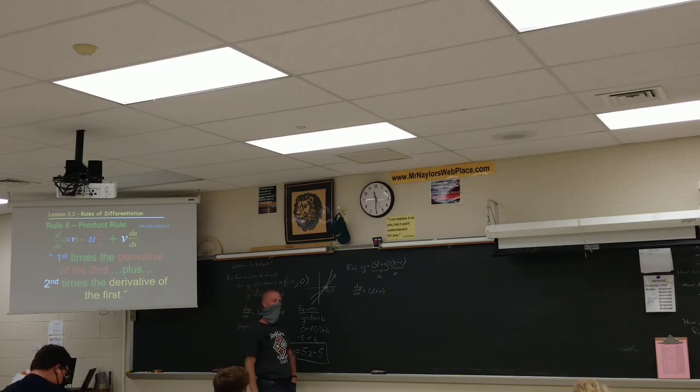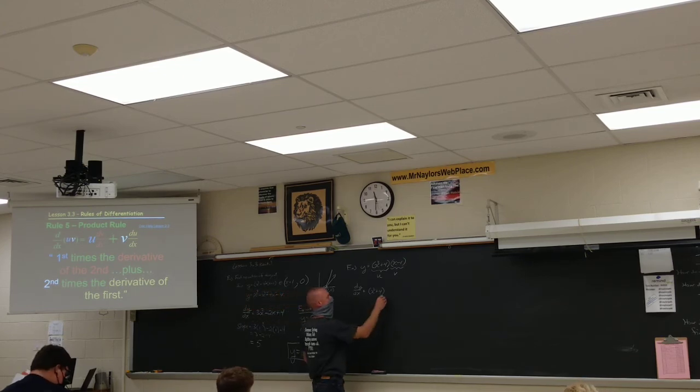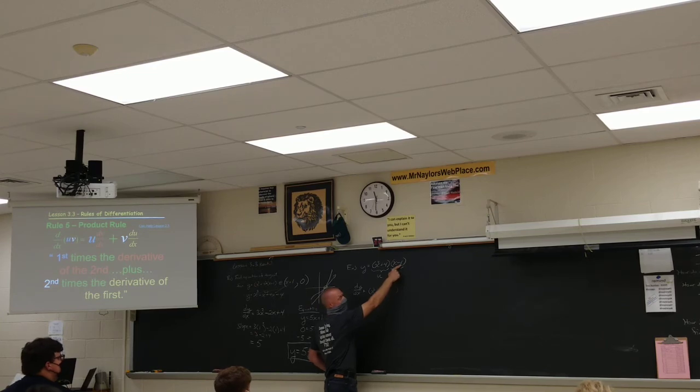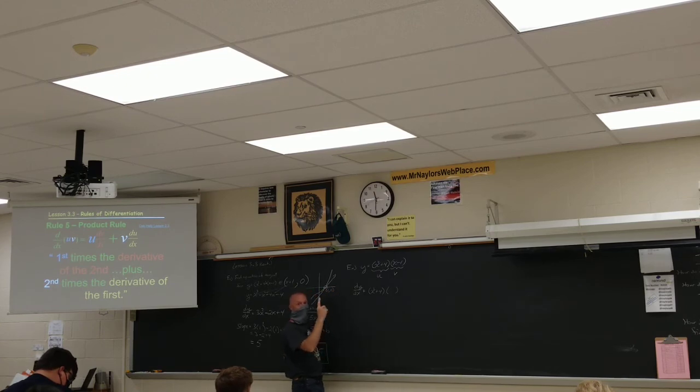So x squared plus 4 is the first times the derivative of the second. Now you should be thinking to yourself, how do you do the derivative of x minus 1? Okay, now don't overthink it, but try to remember from Friday the derivative of x. Well, that's always going to be 1.